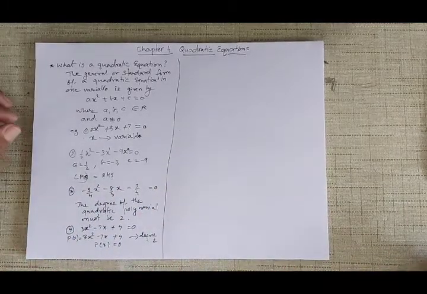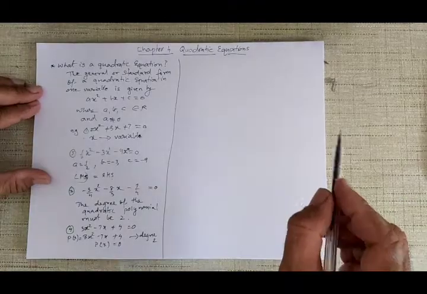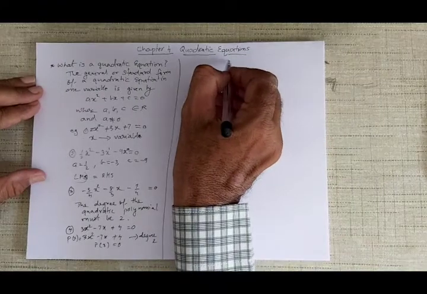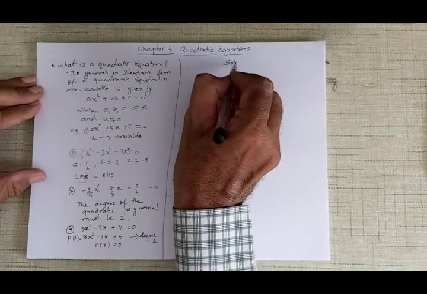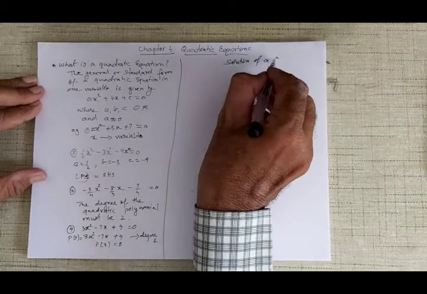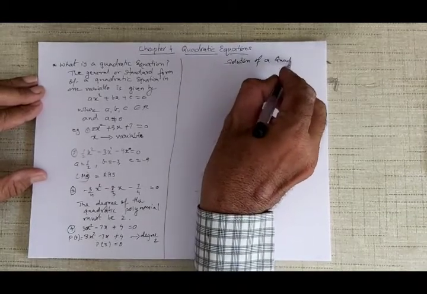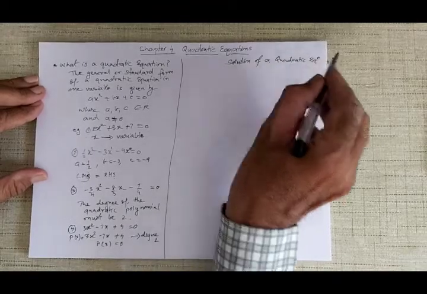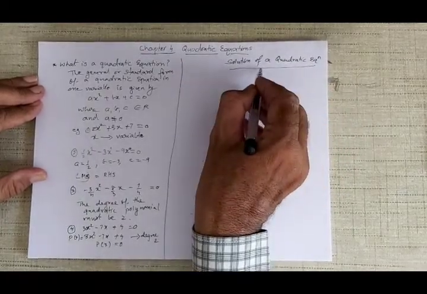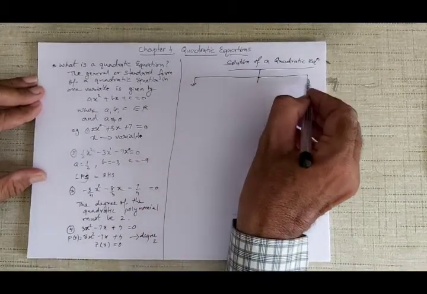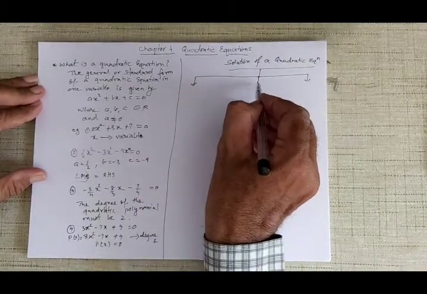Now also, we have to understand that we are finding solutions of a quadratic equation. You learn about solutions of a quadratic equation. There are 3 ways of obtaining the solution of a quadratic equation.